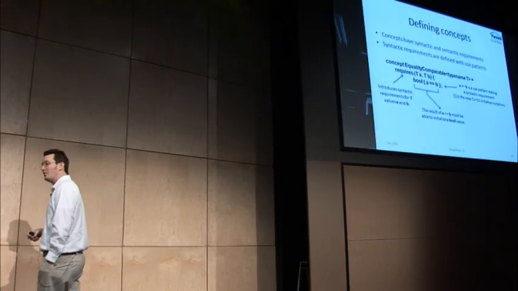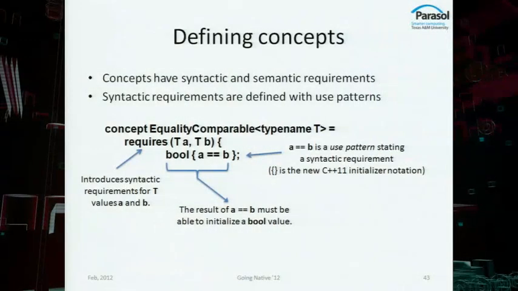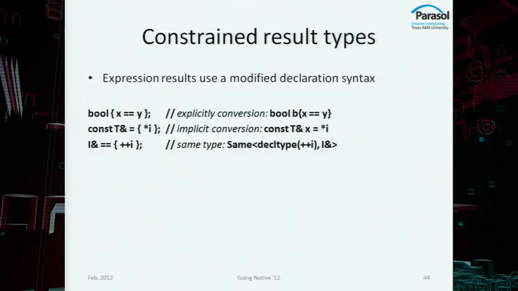What we're saying is that a equals b must be valid syntax, and the result of that operation must be explicitly convertible to bool, or I think technically contextually convertible in some cases also: if statements, while loops, things like that.